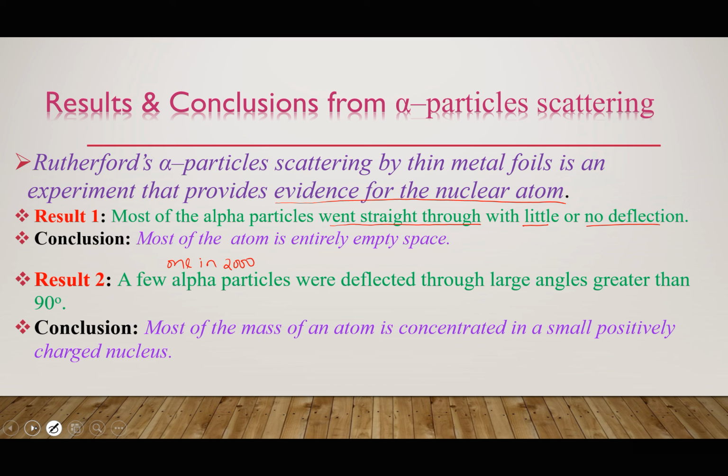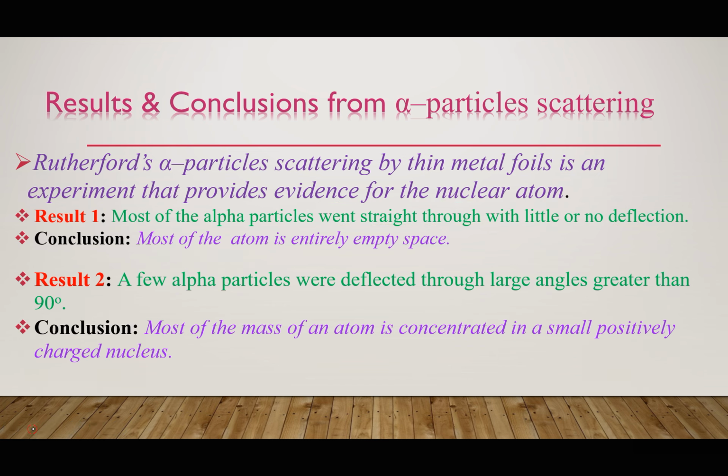If one of the alpha particles comes very close to that point where most of the mass is concentrated, it is going to experience a very large electrostatic force, so that it is deflected, it is backscattered, or it is deflected through a large angle. So those are the conclusions that we can obtain from Rutherford's alpha particle scattering experiment.